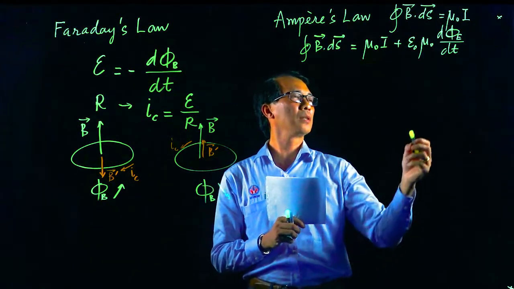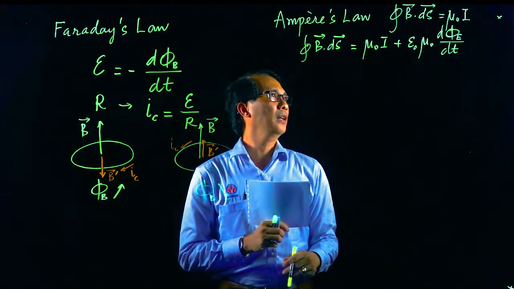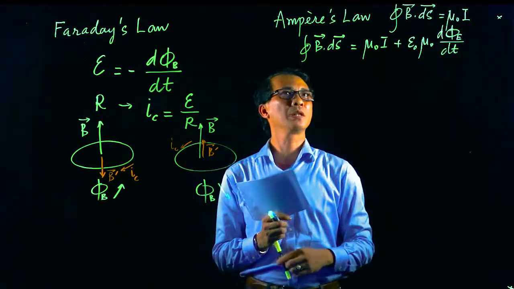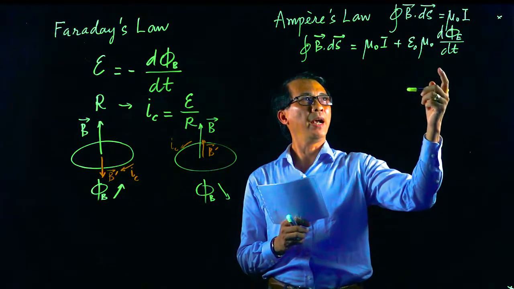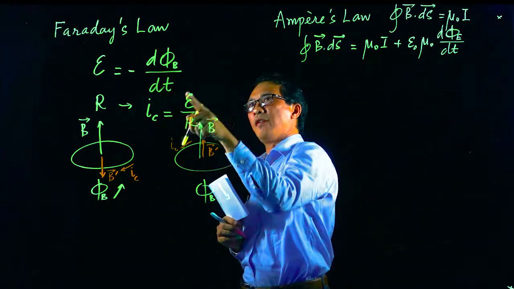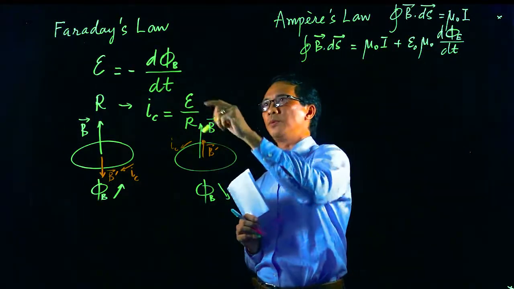In other words, when we have a changing electric field, we have a magnetic field. So when you compare this derivative with this derivative, you will see the similarity between the two, right?